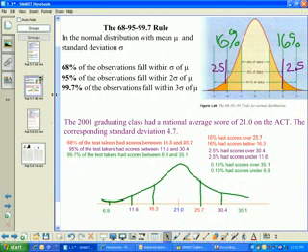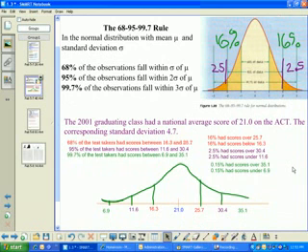But let's say we wanted to know, well, how many students get a score that isn't one of these? So instead, maybe we want to know how many students get a score over 22. We have a guess. We know that 16% go over 25, so we know it's going to be a little bit more than that.